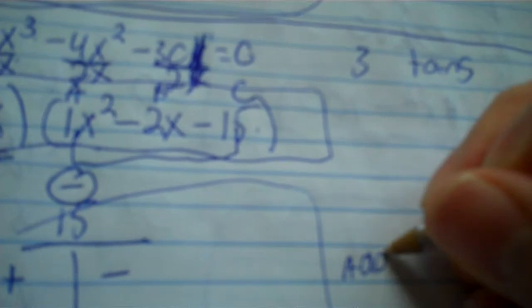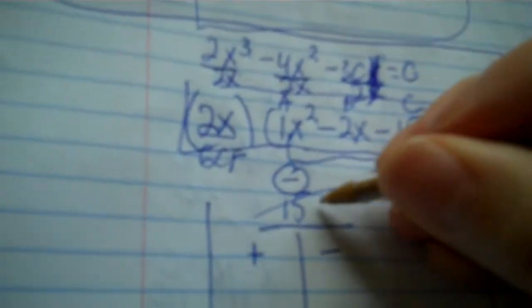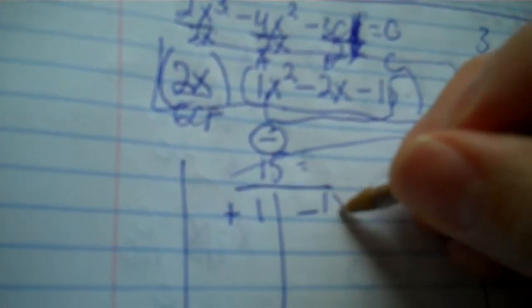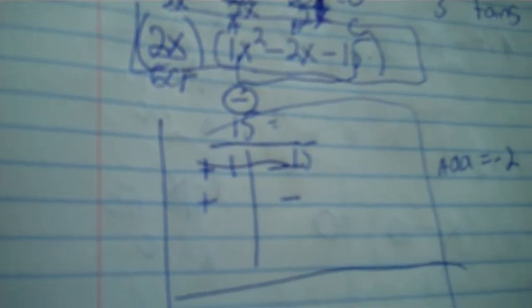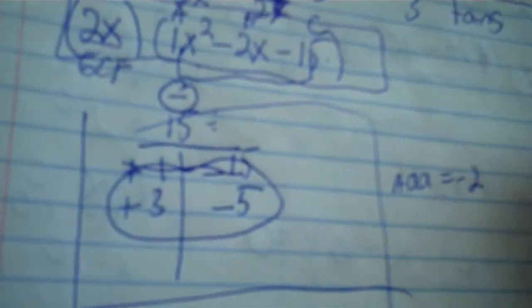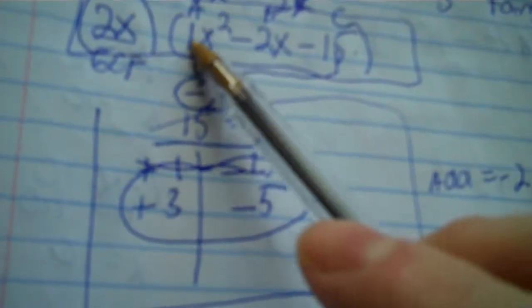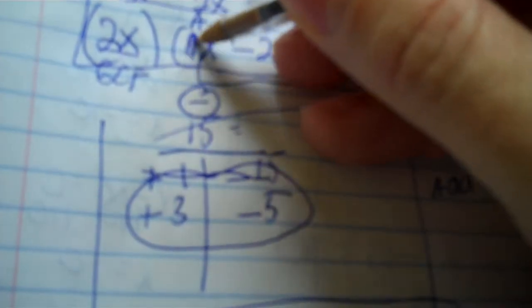And we have to add to get to negative 2. Now 15 divided by 1 would be 15, but that doesn't add up to negative 2. 15 divided by 2 is a decimal, so I don't put that. 15 divided by 3 is 5, and there's my negative 2. Okay. Now your A up there is a 1, so you can now get rid of your 1, and you can just make 2 parentheses.